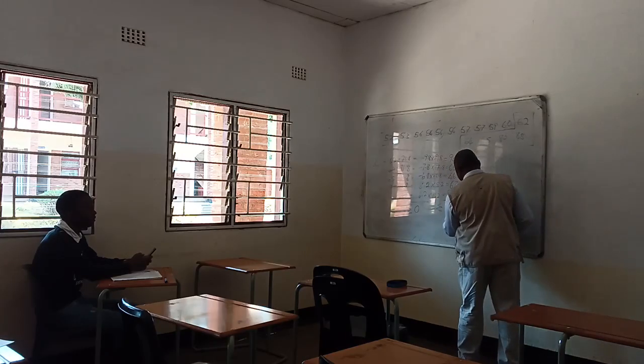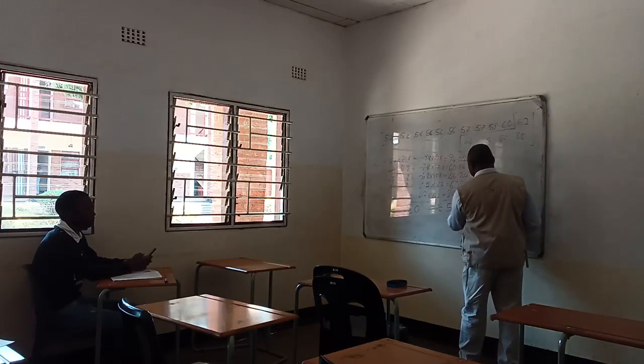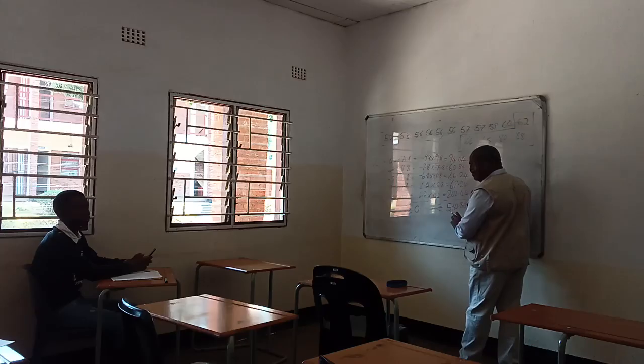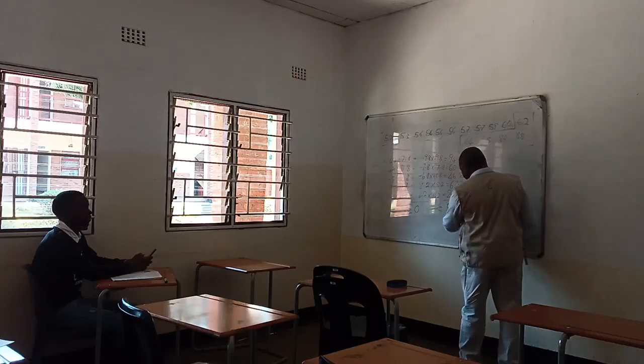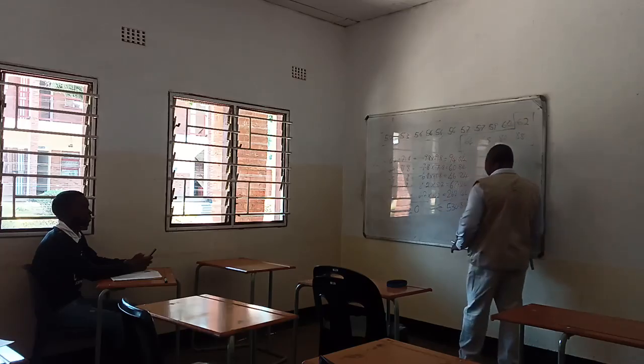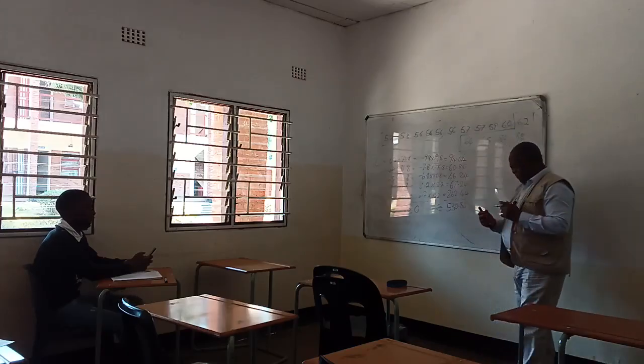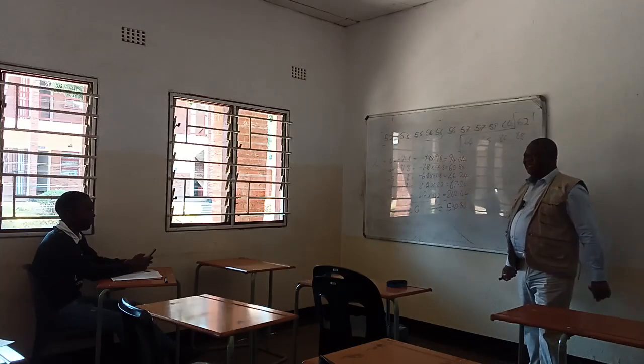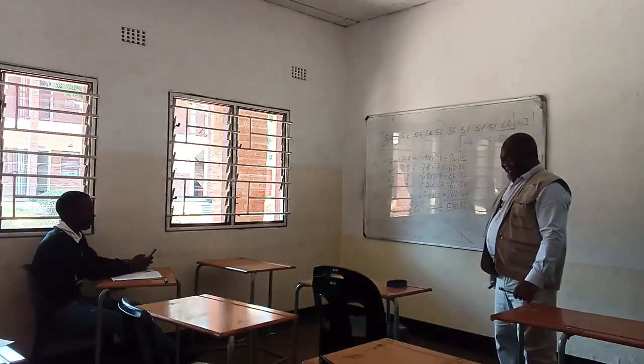Okay. Oh, 530.8, that's okay. When you have two decimals, see, we have been using two decimal places, then we add a zero there.